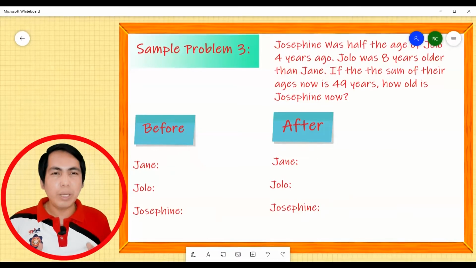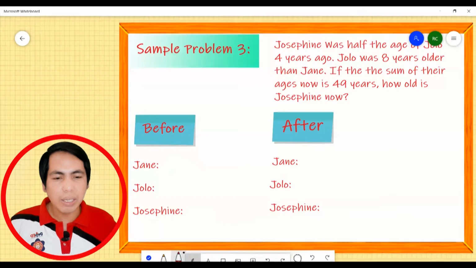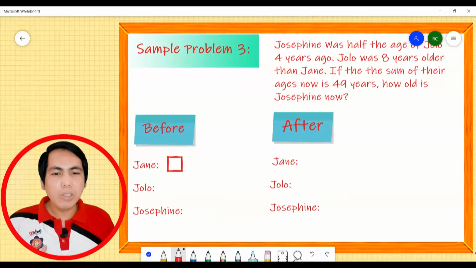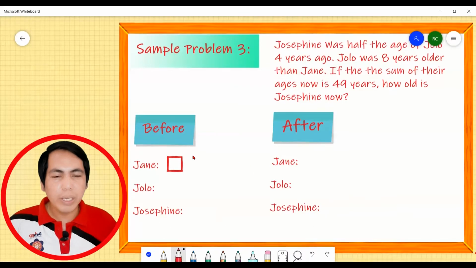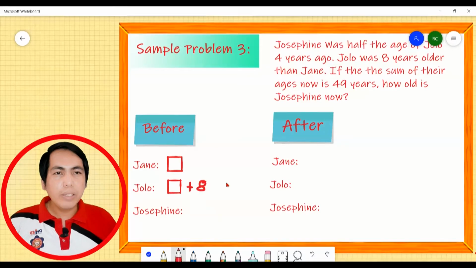So first, we are going to represent the age of each of these 3 persons 4 years ago. So let's begin by representing the age of Jane. Let us say the age of Jane 4 years ago is this box. The age of Jolo 4 years ago is this box, similar to that of Jane, plus 8. While Josephine's age was half of Jolo's age.